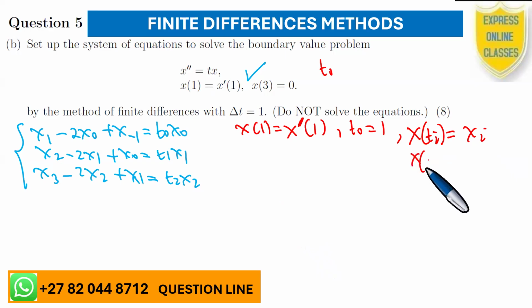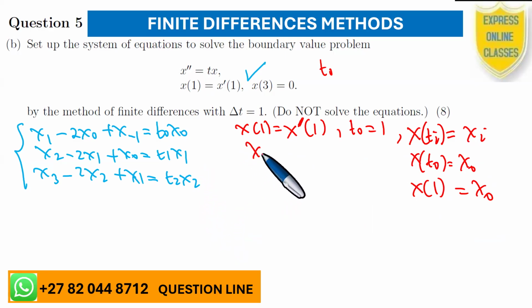So which means that x at T0 is going to be X0. X at 1, which is T0, is going to be our X0. Which means that X0 is equal to X0 primed.